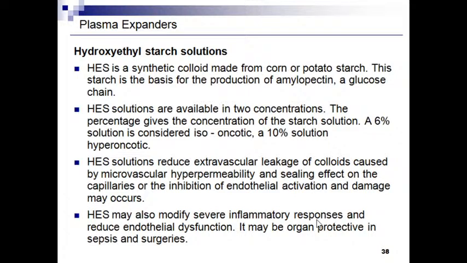And lastly, hydroxyethyl starch may also modify severe inflammatory responses and reduce endothelial dysfunction. It may be organ protective. It may give organ protective function in sepsis and major surgeries.